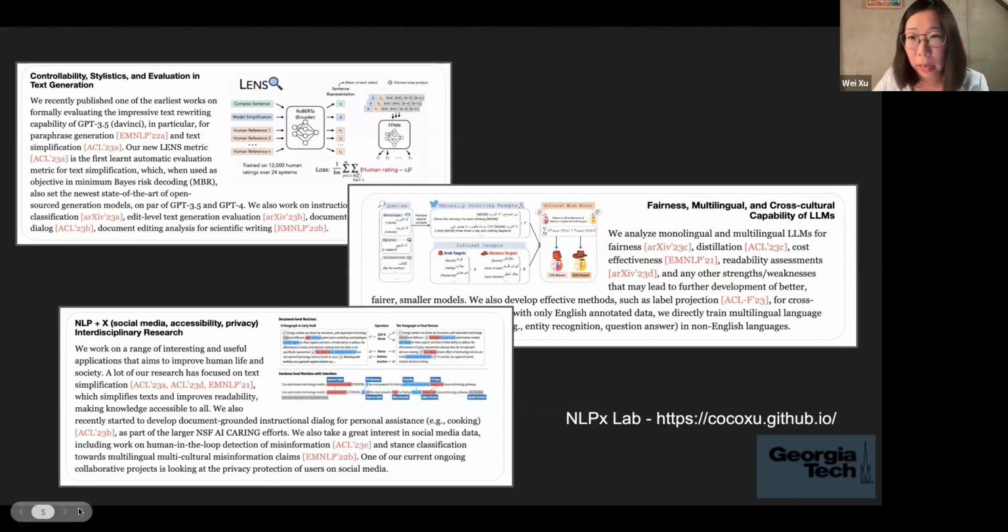We also care a lot about the fairness and multilingual, cross-lingual capabilities of large language models, a lot of testing of robustness and temporal shift. Another part of my research group is really into text generation, so generative AI, the quality of it, how to evaluate it, and how to personalize it to meet everybody's styles.